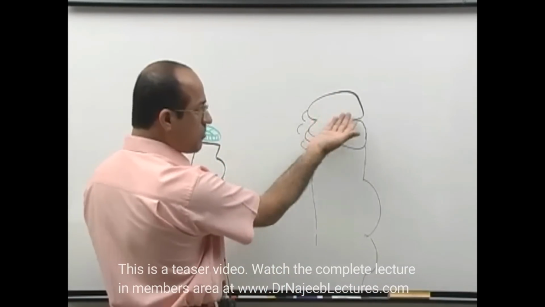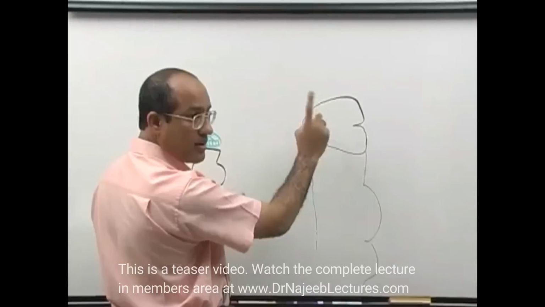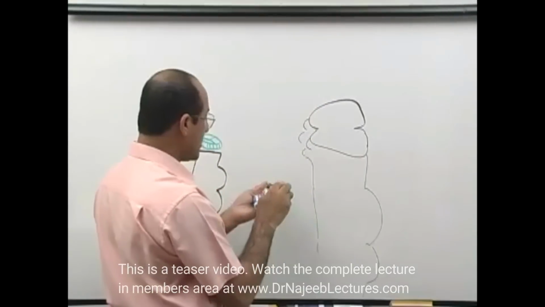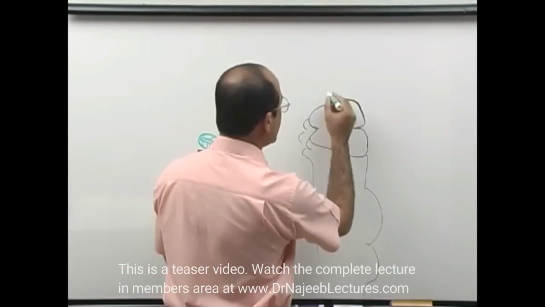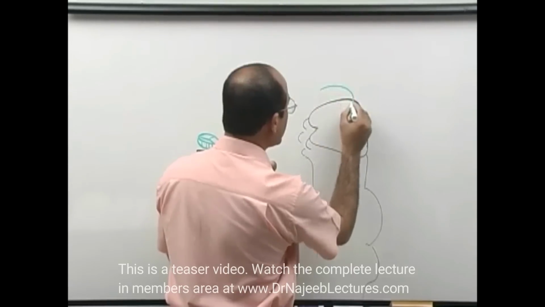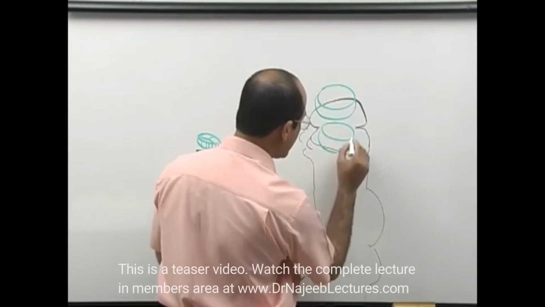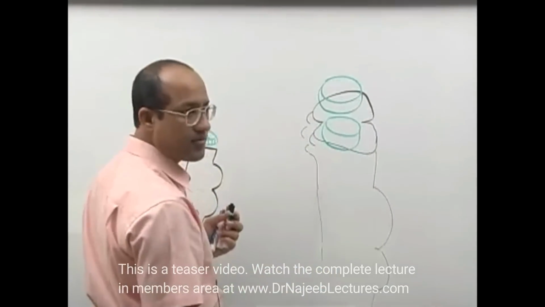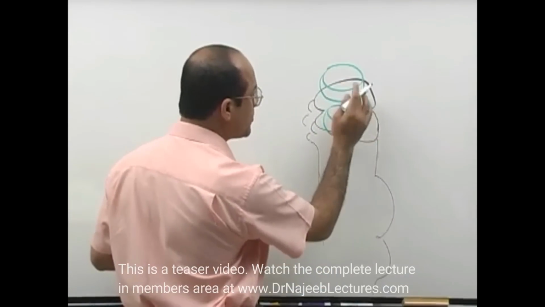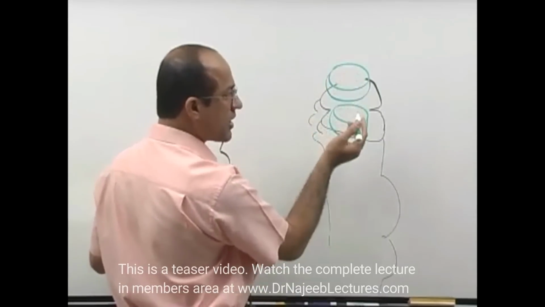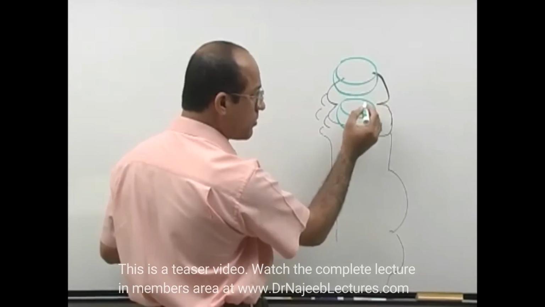Now just above the midbrain we are going to draw the diencephalon structures. First of all, there are two big masses of grey matter above the midbrain.